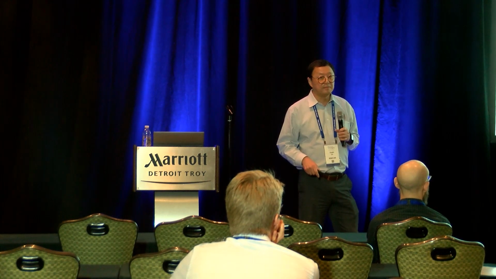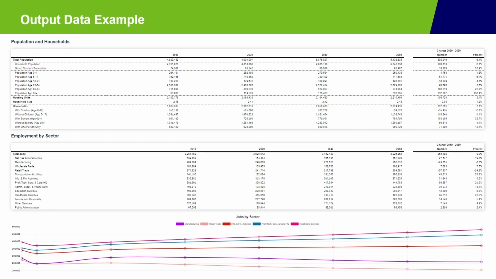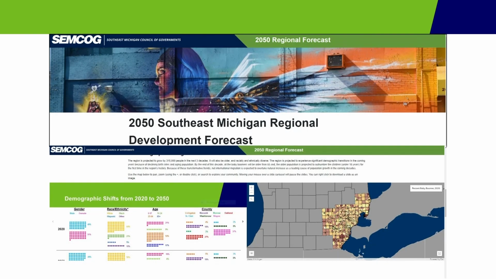So here's the output. Basically, you get population by age, households by type, housing, and employment type. We publish data at 5-year intervals, even though we model at single year. And I know you can't see this very well, but most of the data, including that at multiple geographies from the small TAZs to the regional numbers, are on our website in one of the applications Chad and his friends developed.